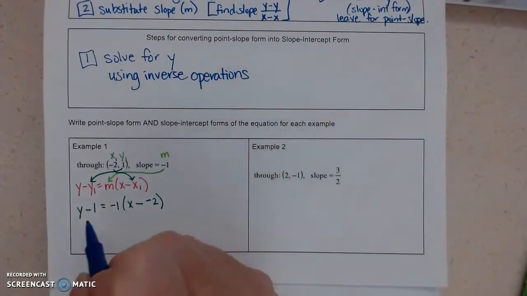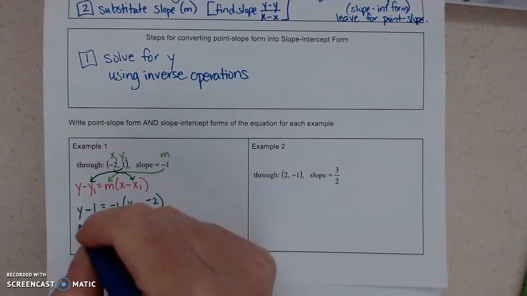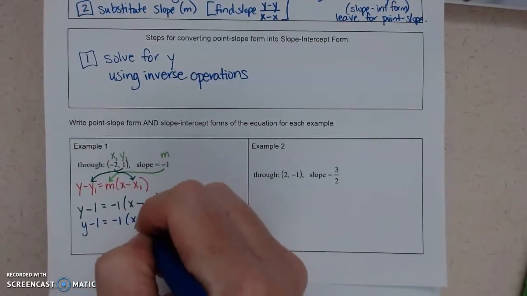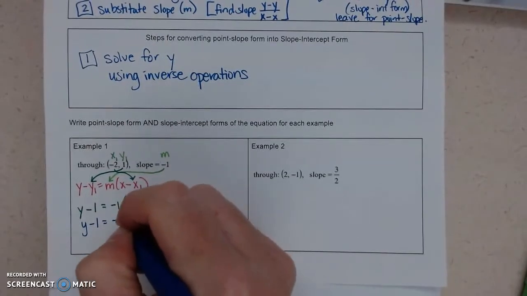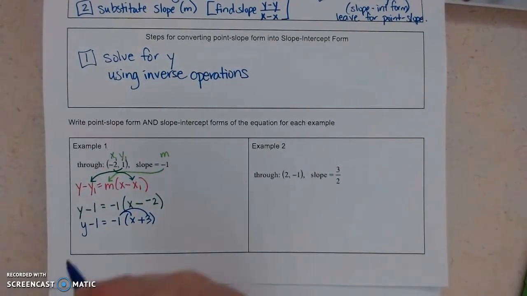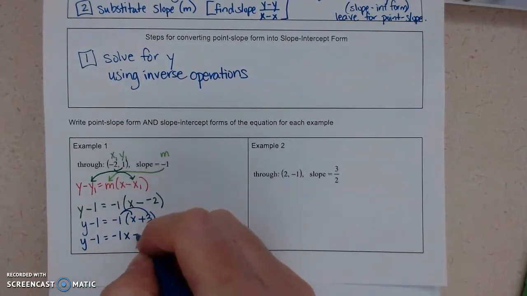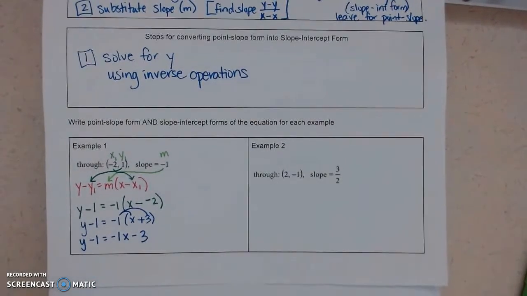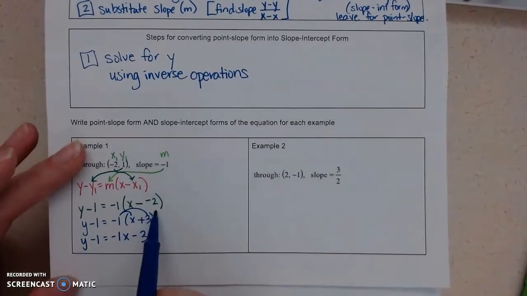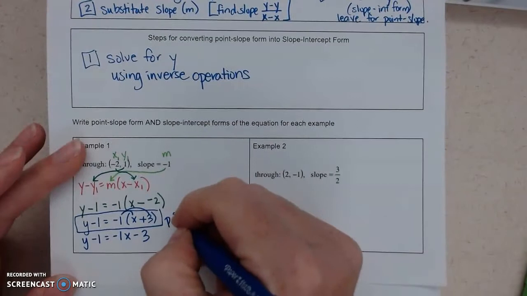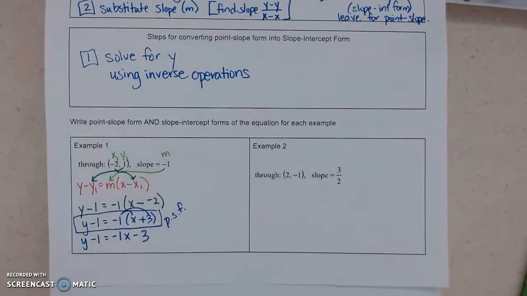Then, if we simplify this, I've got y minus 1 equals negative 1 times x plus 2. And then we need to distribute the negative 1. So y minus 1 equals negative 1x minus 2. Now, this is our point-slope form, so I could stop there.